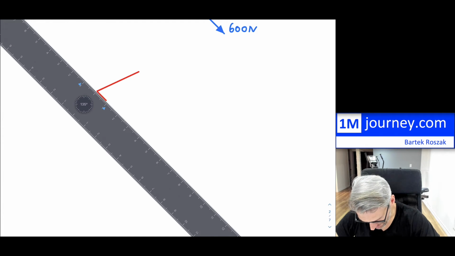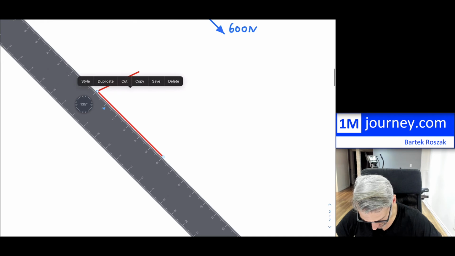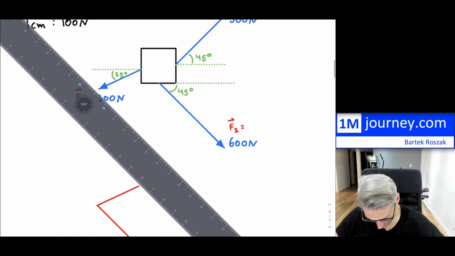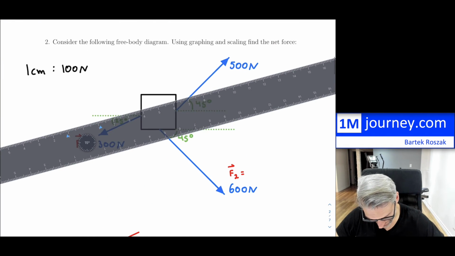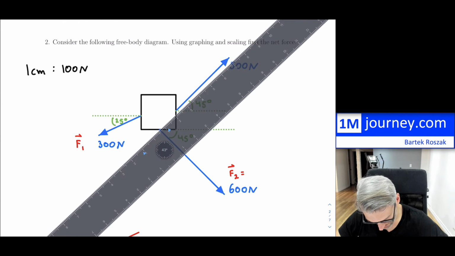So this is going to be 6. I'm going to just draw this out best I can here. All right, so there's my 6. And now I need my last one. That's going to be this one. And it's 500, so it's probably going to be 5.